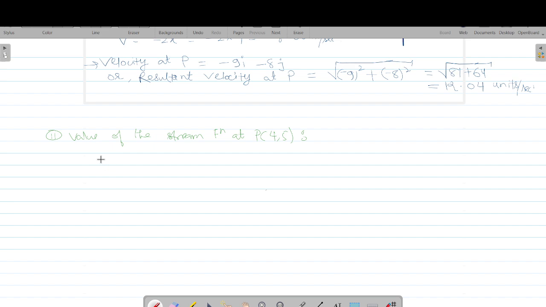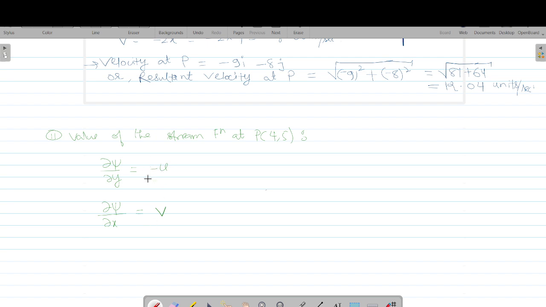I have already shown you that dψ/dy will be equal to negative of u, because the differentiation of the stream function with respect to y gives you the velocity component in the x direction. In the same way, if you write dψ/dx, you may ask what the answer is. dψ/dx is going to be v.